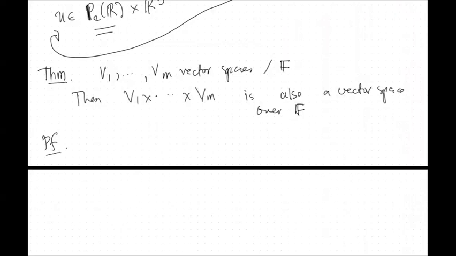You just check each axiom of the vector spaces. The vector space axioms are satisfied by the product defined above, together with the operations defined above. Okay. Let us now proceed.